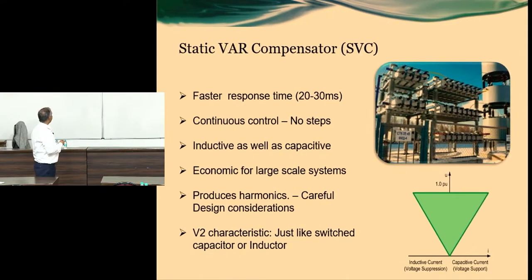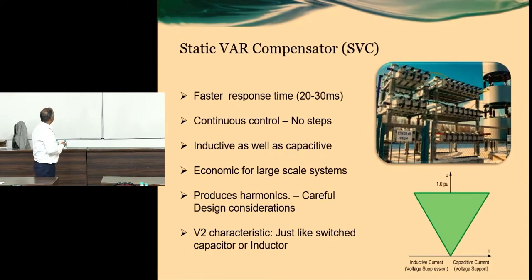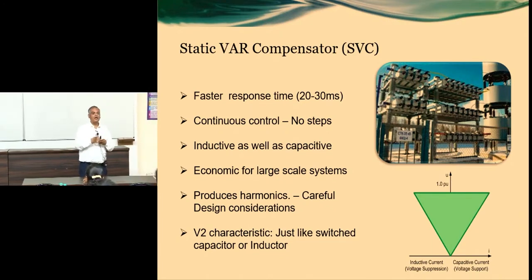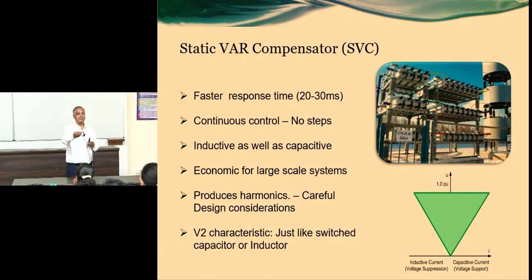But unfortunately, the amount of current, either capacitive or inductive, decreases and becomes zero as you move away from the per unit value. It means the more the deviation, the more the utilizing capacity of your SVC is reduced drastically. So it is very effective when the deviation is small, and least effective when the deviation is very high. That is a drawback.